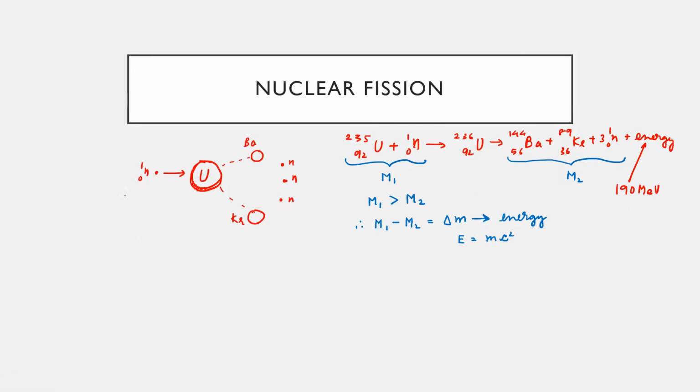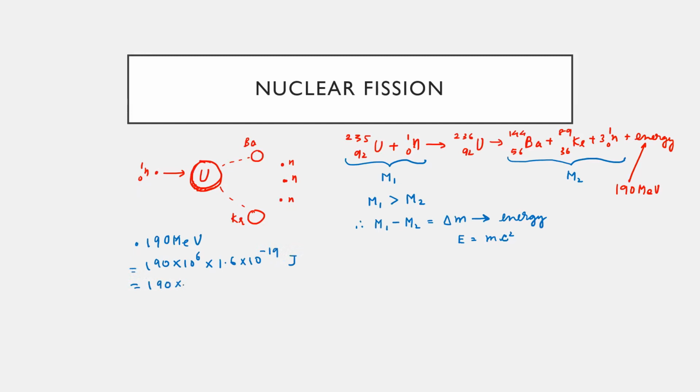No, sir. Okay, so I'm going to try to make you understand one more fact about that 190 mega electron volt. Mega is 10 to the power 6, and electron volt, which we have done in the work, energy, power chapter, is 1.6 into 10 to the power minus 19 joules.